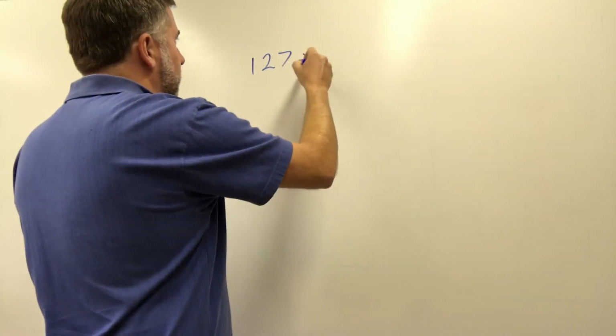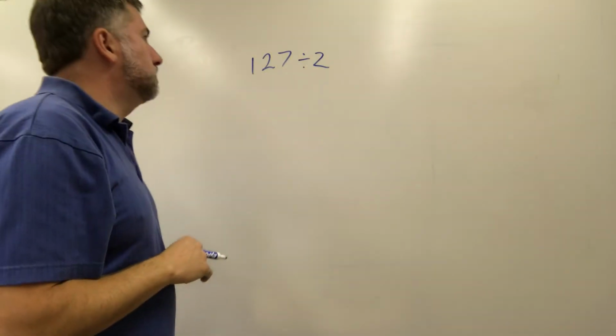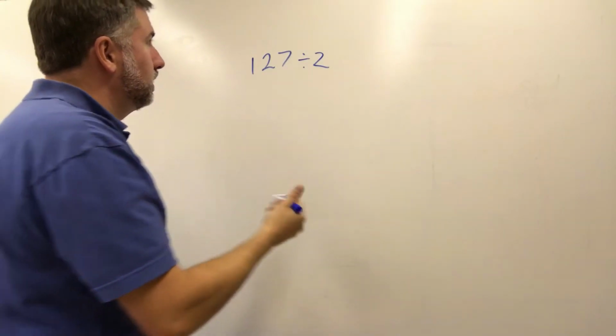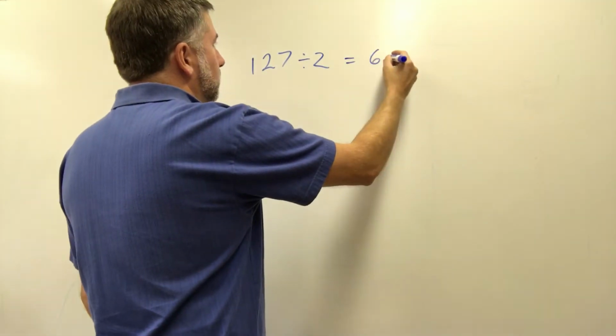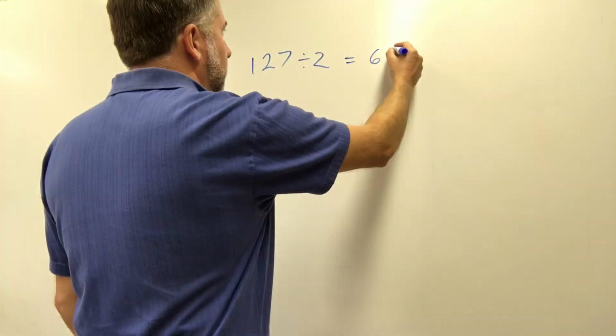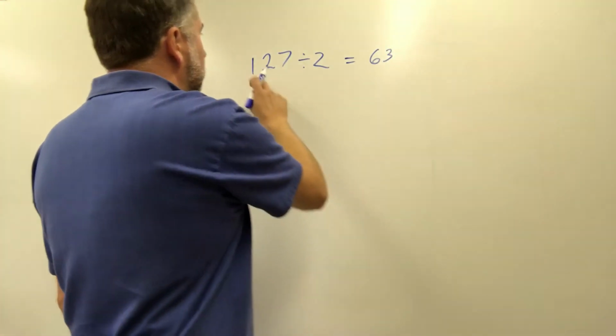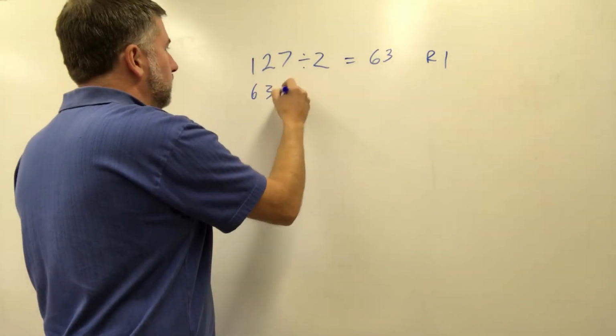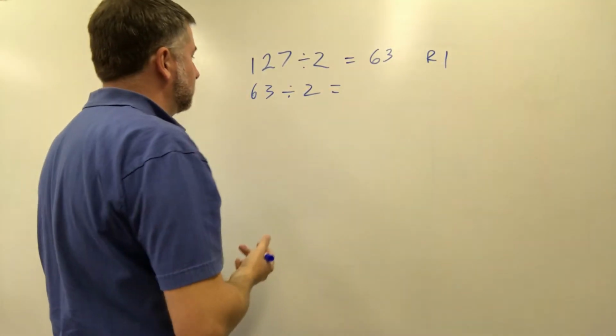So 127 divided by 2, it's going to be 64, would be 128. So this is 63, right? 63 would give you 126, so that's a remainder of 1. 63 divided by 2, I see this is going to be a problem.